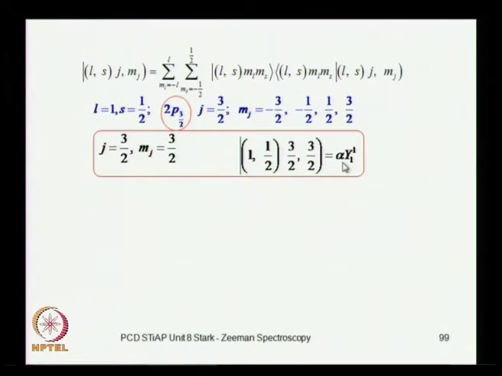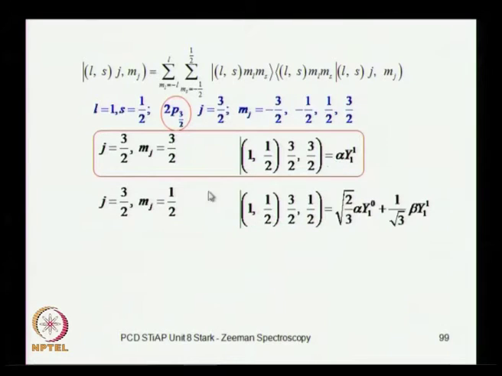There is only one term which can contribute to MJ equal to 3/2, there is none other. So, this is unique, therefore it has a coefficient of 1, and then you have MJ equal to 3/2, 1/2, minus half and minus 3/2.